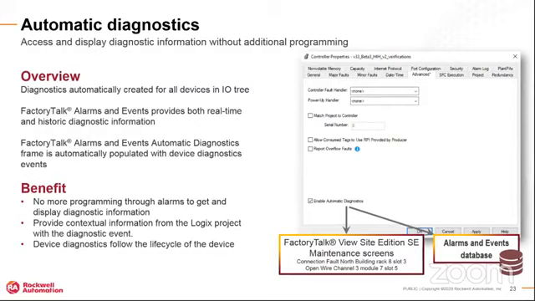Now, it is important to note with the automatic diagnostics that it's key to FactoryTalk View SC versions 12 or higher, version 33 of Studio 5000, and that it's only for your IO, and in specific for Flex 5000s, so the 5094s, your Compact 5000s, which are your 5069s, and your 1756 IO for the ControlLogix platform. Next slide, please.